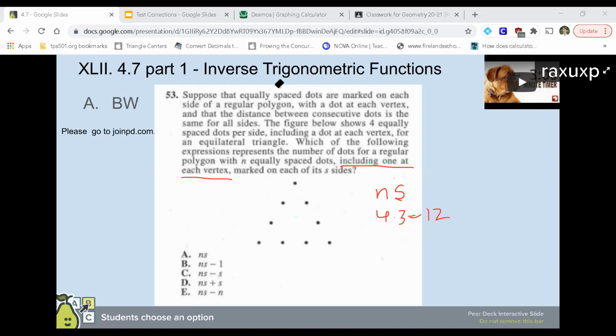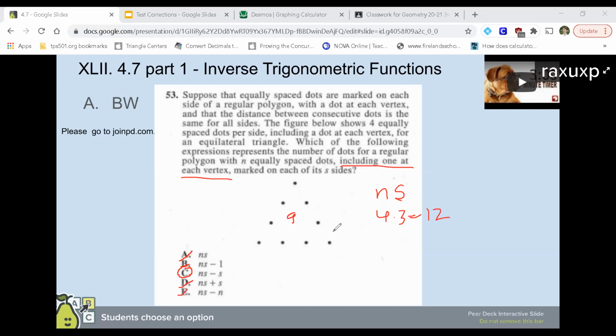So what could we do to 12 to make our answer what it's supposed to be, which is 9? Would -1 do it? No. Would -s do it? Yeah. 12 minus 3 would give us 9. So this is a contender. Would +s do it? No. Would -n do it? No. 12 minus 4 would be 8.